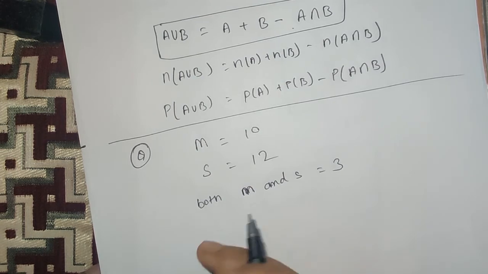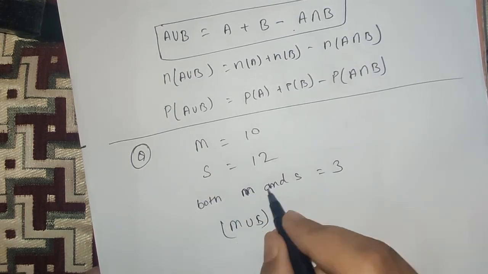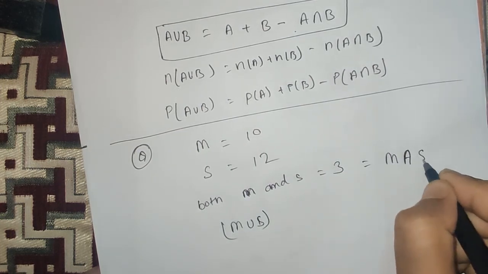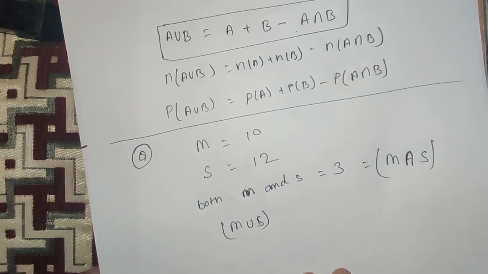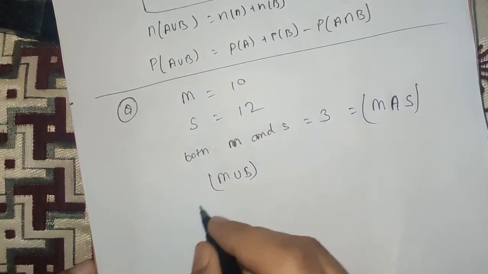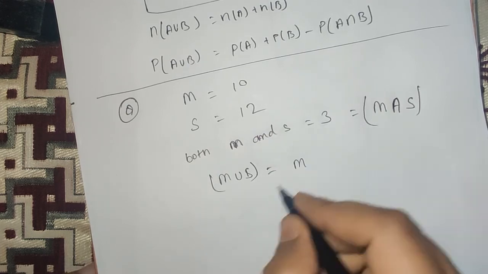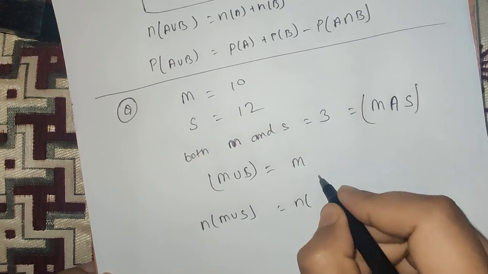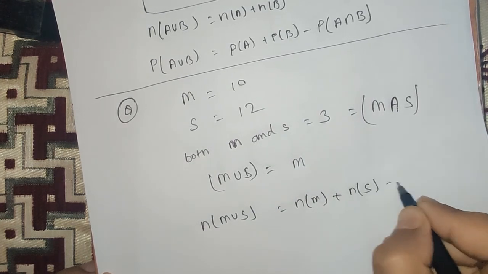At least math or science means M union S, and both M and S is M intersection S. Here I have replaced A by M and B by S. So by this formula we can count M union S. It is n of M plus n of science minus n of the intersection.